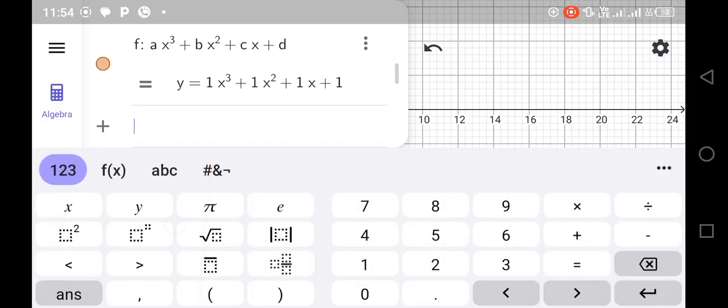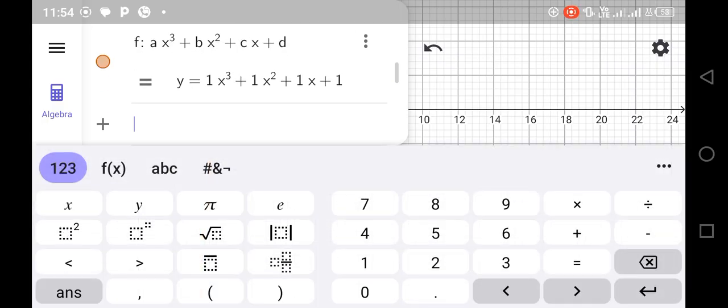Some questions can be set in exams in KCSE and also in Form 3, where we learn cubic functions.